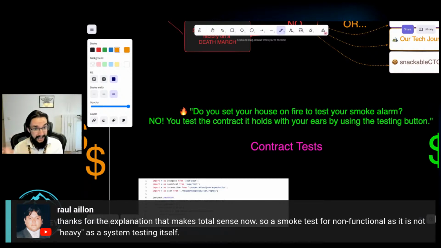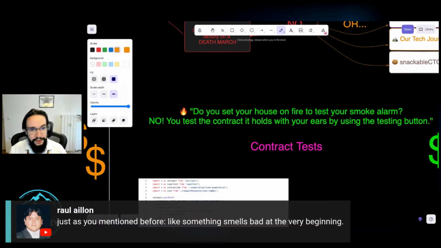Because I wanna check whether the beeping works, right? So if the beeping doesn't work, then the smoke alarm also doesn't work. And we will come into more detail on this in contract tests, right? So when we are about the system testing itself and the system testing the pipeline, that will be a contract test. Otherwise, we're talking about smoke tests when you're actually testing a production environment.